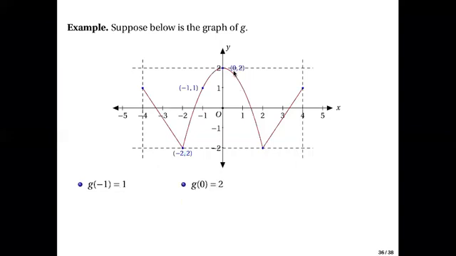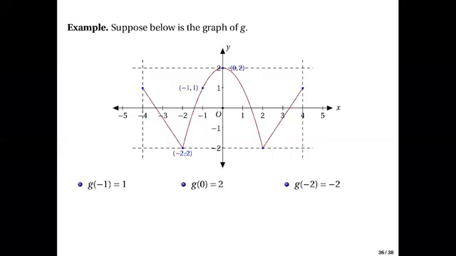You look at this point: your x-coordinate is 0, and your y-coordinate is 2. And then there you have g of negative 2 equals negative 2. So your x-coordinate is negative 2, and the y-coordinate is negative 2.